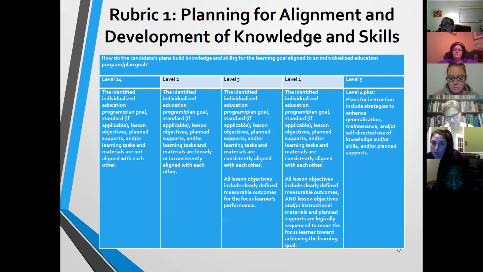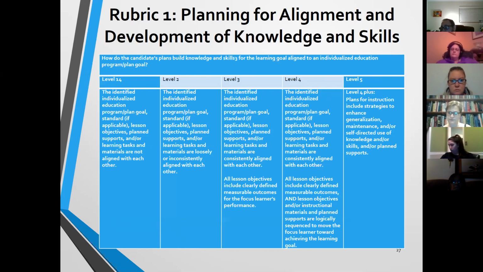In other words, as my mother used to say, "Mother, I can do it myself." Okay? So the difference between level 3, level 4, and level 5 for this rubric, for most of the rubrics, really comes down to how independent your student can be after having learned the material.